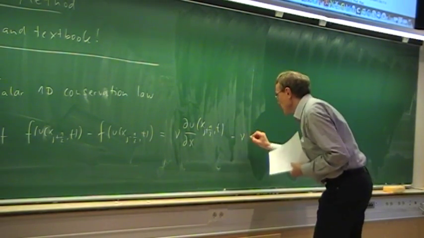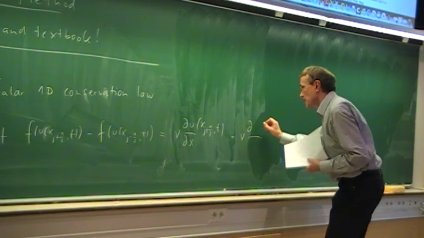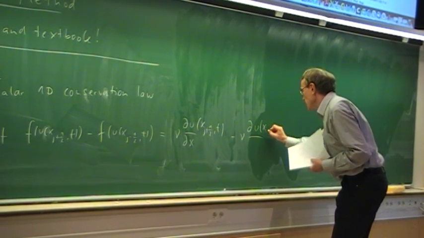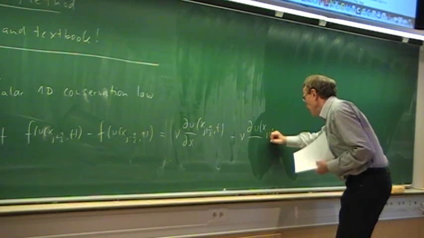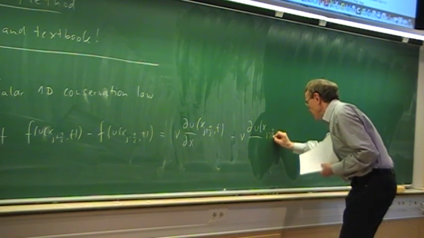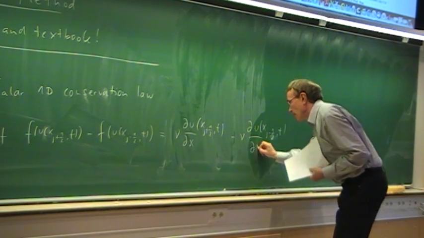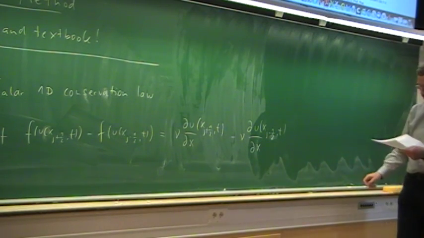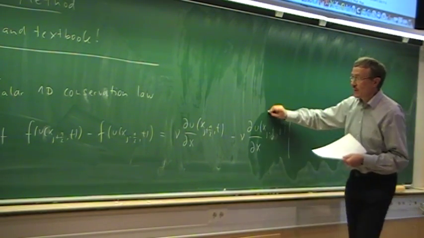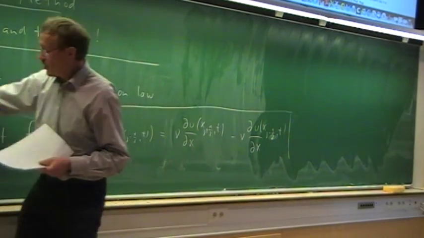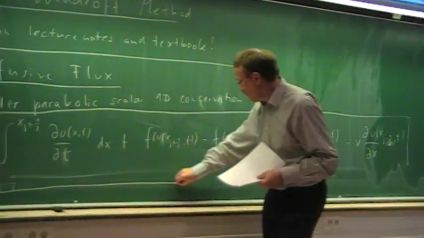Then we have a viscous flux also at the phase x_{j-1/2}, t. So that is then coming in addition to what we have been discussing in this chapter 5.